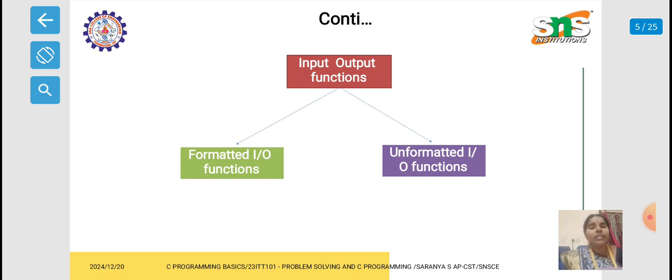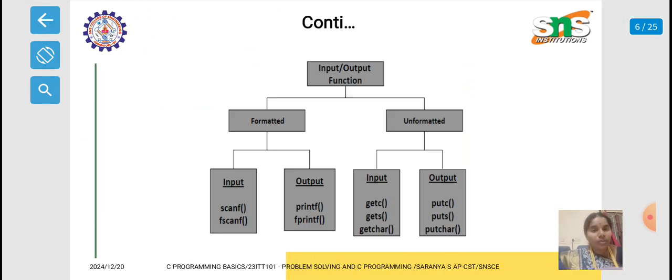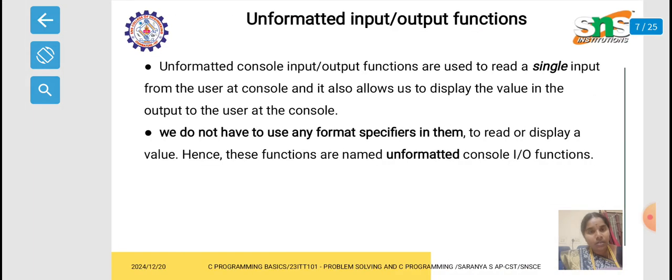Here are the formatted input and output functions. The formatted function printf is used to display the output on the screen. It is used to format the output. The general form of printf is the control string, comma, then the argument list.